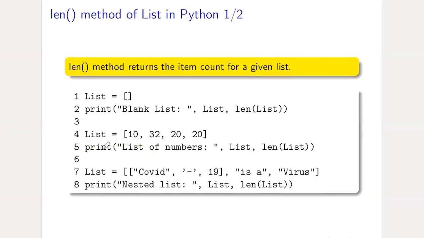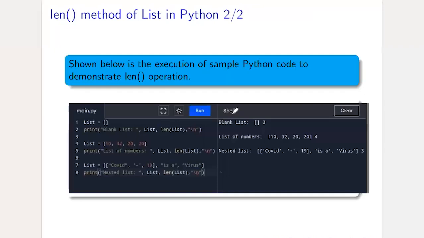Now let's look at a few of the methods that are available for us. The method len returns the count of items in the list. You simply call the method and pass the list as an argument. I have the example code here. This is the empty list, or the blank list, and the length would be 0.